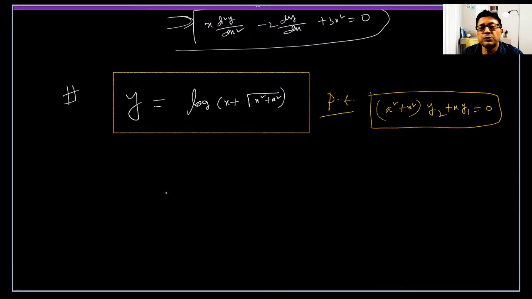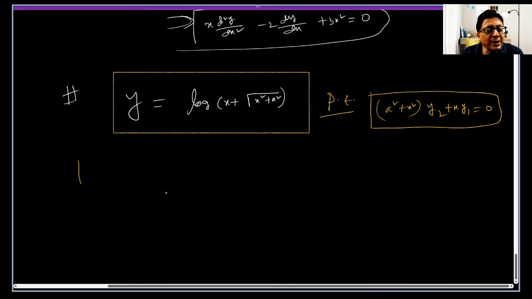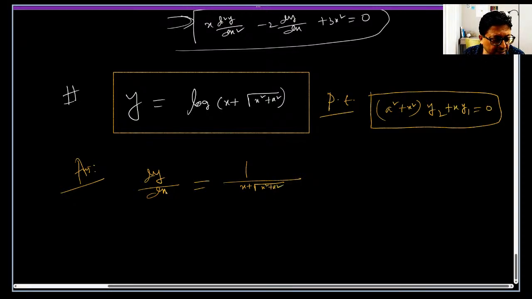Okay, let us go through. To prove this, what you have to do there, just differentiate once. dy by dx will be, derivative of this thing is 1 by x plus root over x square plus a square into derivative of this thing.